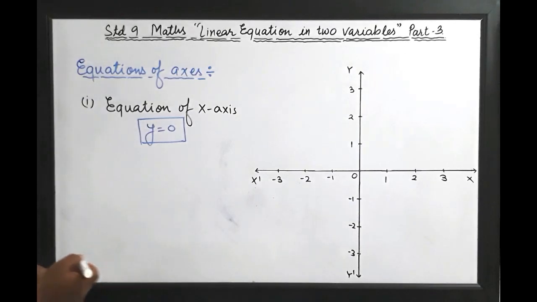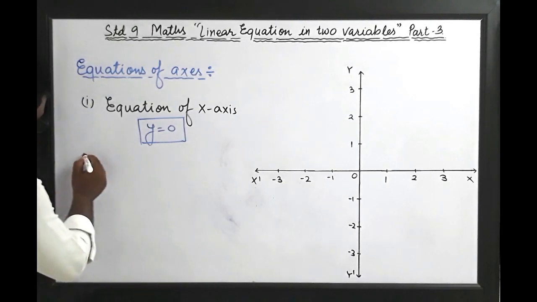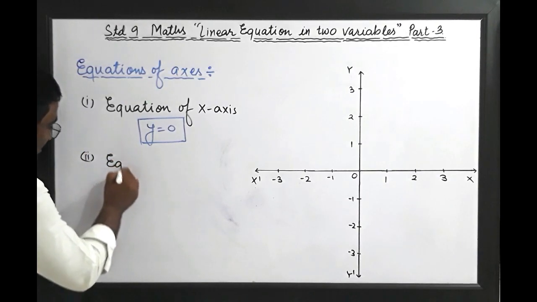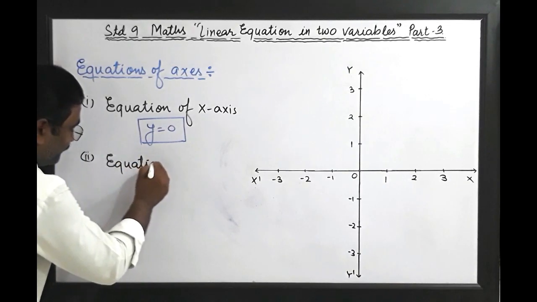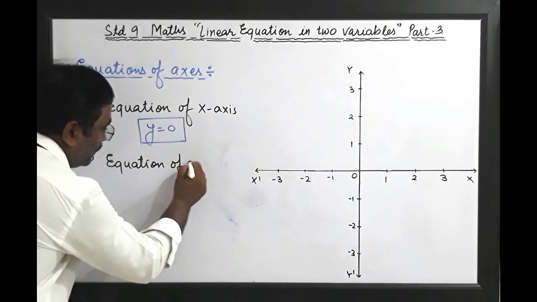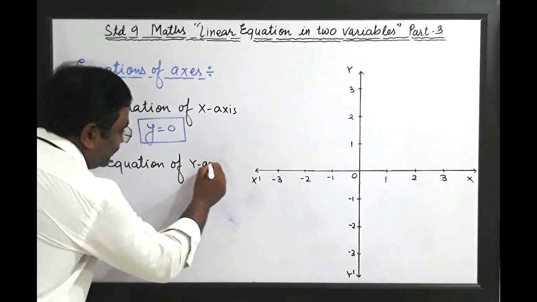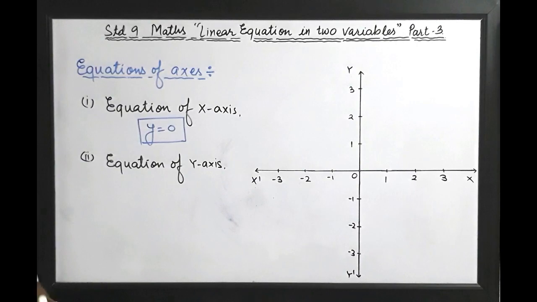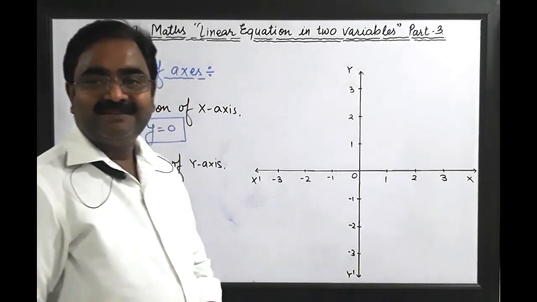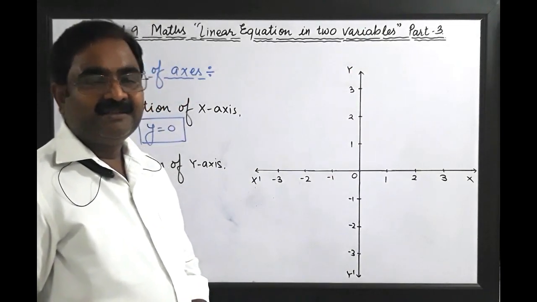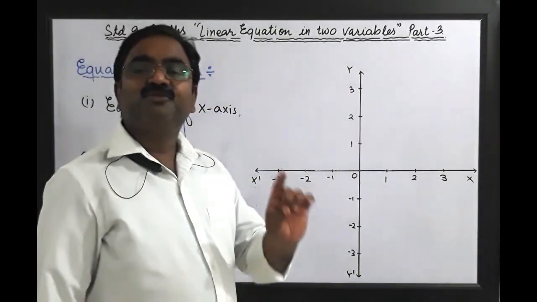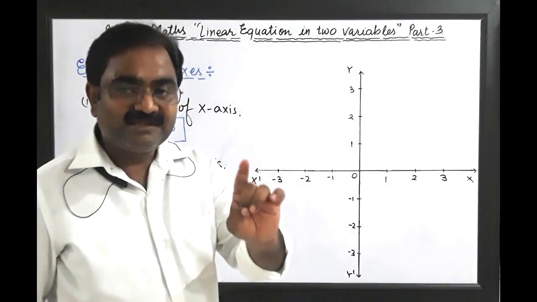So similarly you can get the equation of y axis also. So the equation of y axis means the vertical line. जब आप किसी भी पॉइंट का कोऑर्डिनेट y एक्सिस पे लिखते हैं तो उसमें x की वैल्यू हमेशा क्या होती है, 0 होती है.